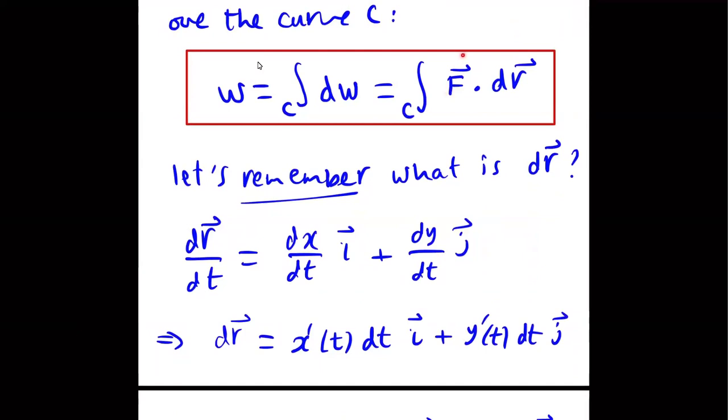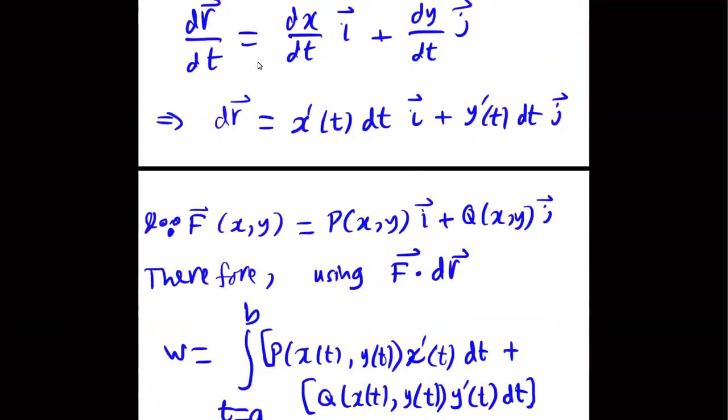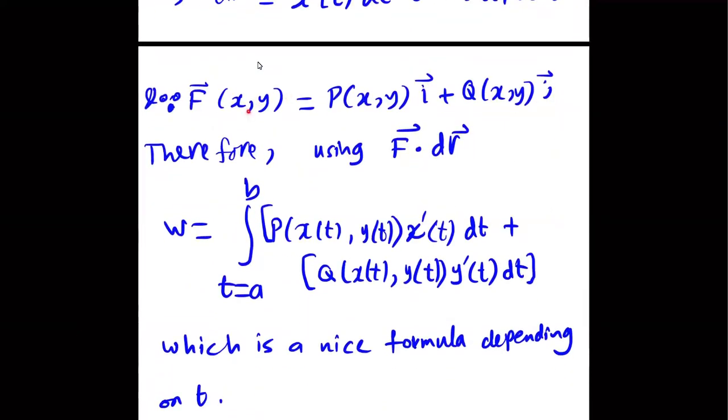How to do this? We will be given this force field or any vector field, and dr is dx, dy, and we can write it another way. So assume we have this situation, a given vector field, P and Q, simply P and Q. dr is dx/dt, dy/dt, all dt. How to do the dot product? We know this.